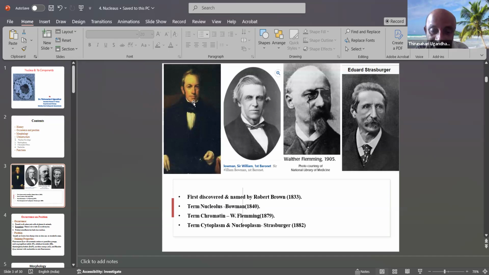The term nucleus, Bowman, the second person, in 1840. Then the term chromatin, W. Fleming, the third person. Then the fourth, the terms cytoplasm and nucleoplasm, Strasburger, 1882. The cell is differentiated into cytoplasm and nucleoplasm.